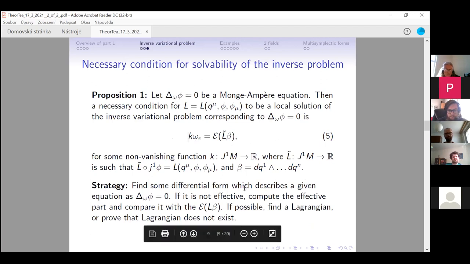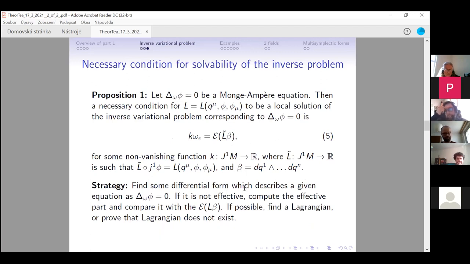Because say you have a form that represents a given equation.